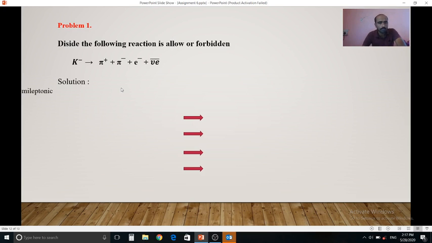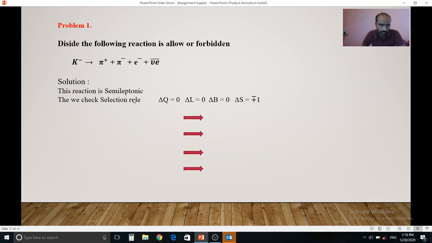Now the solution. See that reaction. In that reaction, the RHS has mesons plus leptons, so it is a mix of leptons plus hadrons. That's why this reaction is called a semi-leptonic reaction.